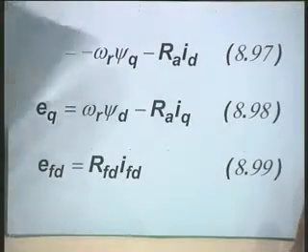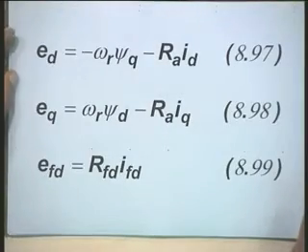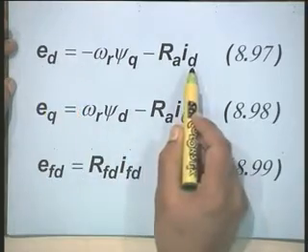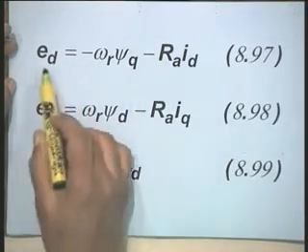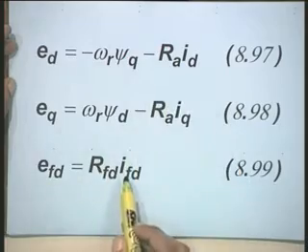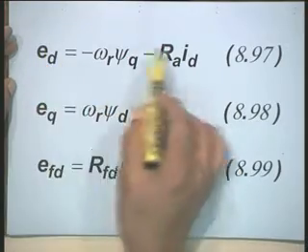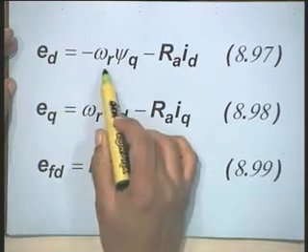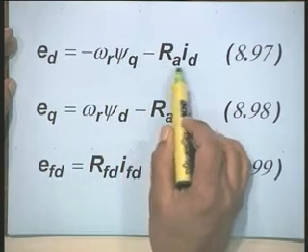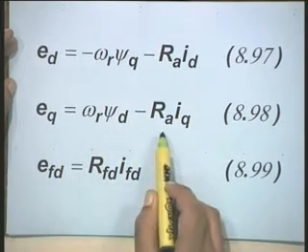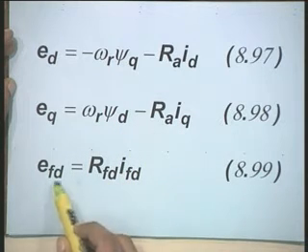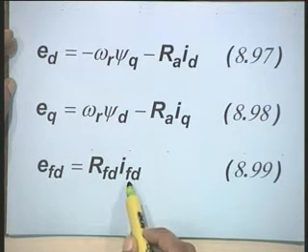With this assumption, the circuit equations can now be written in per unit. Remember that these are all per unit equations, and the bar is not written here. The equations are Ed equal to minus omega r psi q minus ra Id, Eq equal to omega r psi d minus ra Iq, and Efd equal to rfd Ifd.